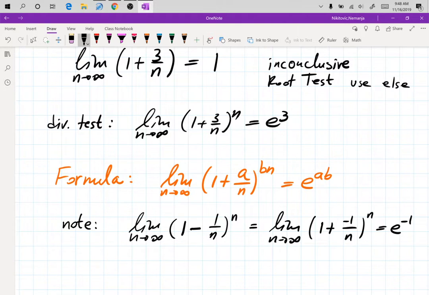So it's 1 over e, still not 0, still diverges in this case. And the root test would still fail, because if the n is not there, this part is 0, you still have a limit of 1. So for the problem underneath, that one would still diverge by the divergence test and still be inconclusive by the root test. What I wanted to show off is this plus and minus, and how you just move that minus, attach it to 1, and put the plus there.